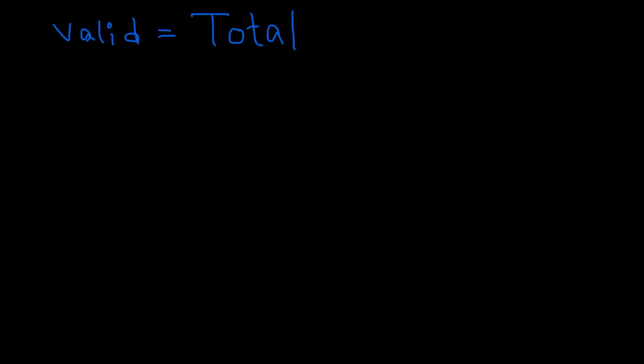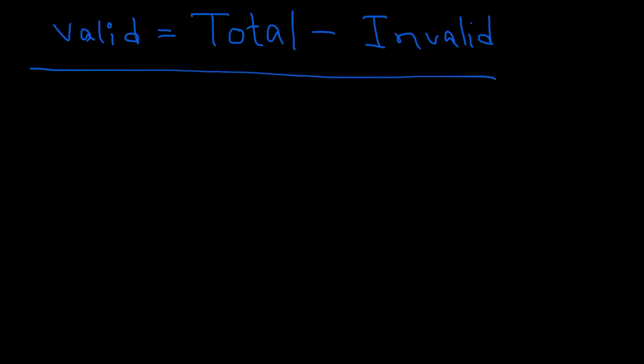It doesn't matter whether they are invalid or valid. I will take all of them together and find the total possible triplets, and then I will subtract the invalid ones. That will give me the valid ones. That is my main approach for this problem.